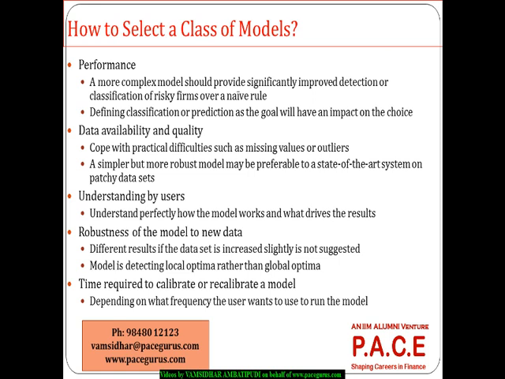So just to summarize, if I have to select a specific class of models, performance is one criterion that I can look at. In that, I should not target a complex model. A complex model is something that I am choosing only if I am very confident that the detection or classification of a risky firm is much more accurate than a very simple naive rule.